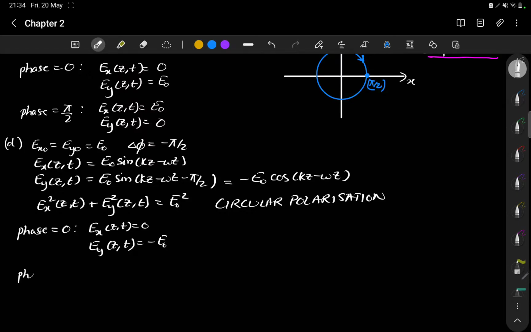For phase equals to pi by 2, we have Ex equals to E naught and Ey equals 0. So let us see.